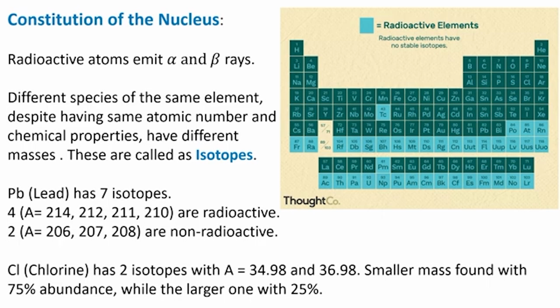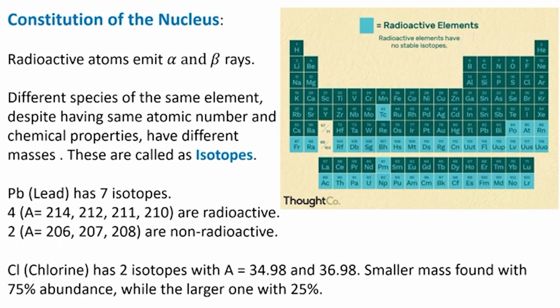For example, lead has 7 isotopes, 4 of them are radioactive with mass numbers 214, 212, 211 and 210. These are radioactive, whereas the 3 that you see, 206, 207 and 208, are non-radioactive. There are many other examples, we are only quoting a few of them.